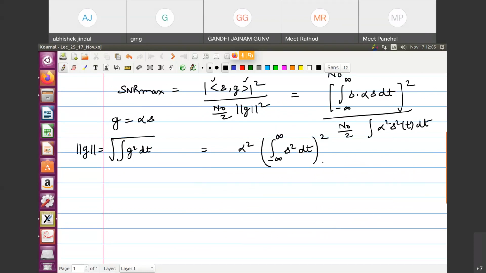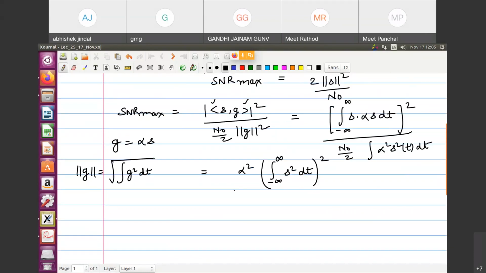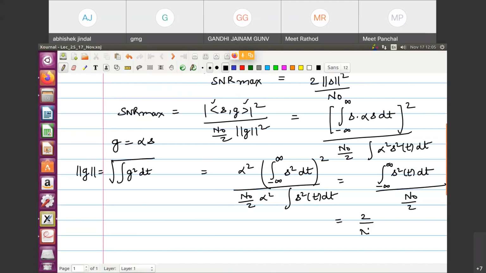So this is alpha squared, divided by N naught by 2 alpha squared integral of S squared t dt. We should keep t in some places so that you remember. Alpha squared cancels out, so you are left with this divided by N naught by 2. And this is nothing but 2 by N naught times the norm of S squared.